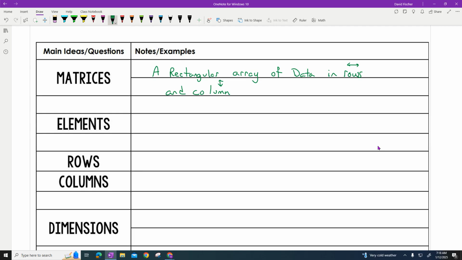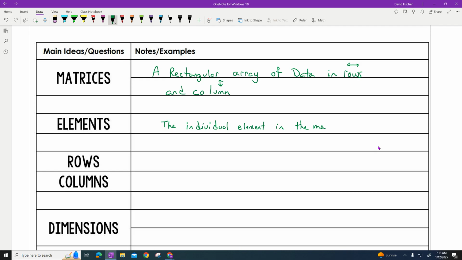Now, elements. We have a lot of vocabulary today. An element is the individual element in the matrix. This will all make sense in a second.